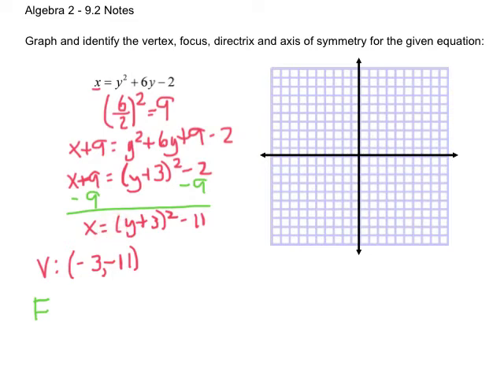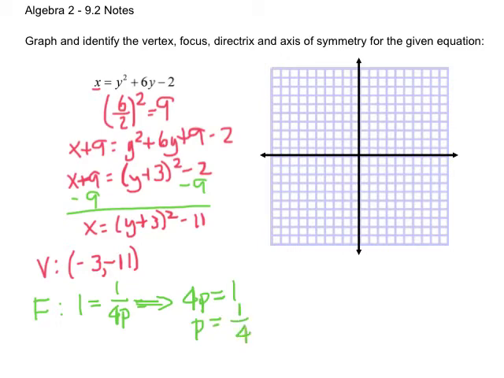So what I'm going to do is set up the equation that 1 is equal to 1 over 4p. Multiply both sides by 4p, and then divide by 4 so that p is equal to 1/4.